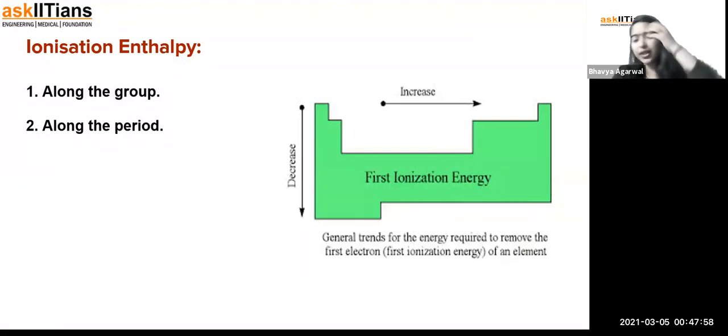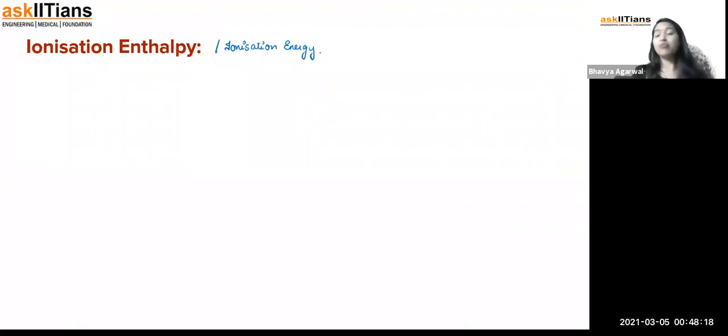Like I took an example of your phone. Suppose you are holding your phone and someone asks you to give it away. Will you just give it like that? No. You'll have a fight, you'll have a quarrel, the person has to apply some force to snatch that phone away. Same is the case of metals.